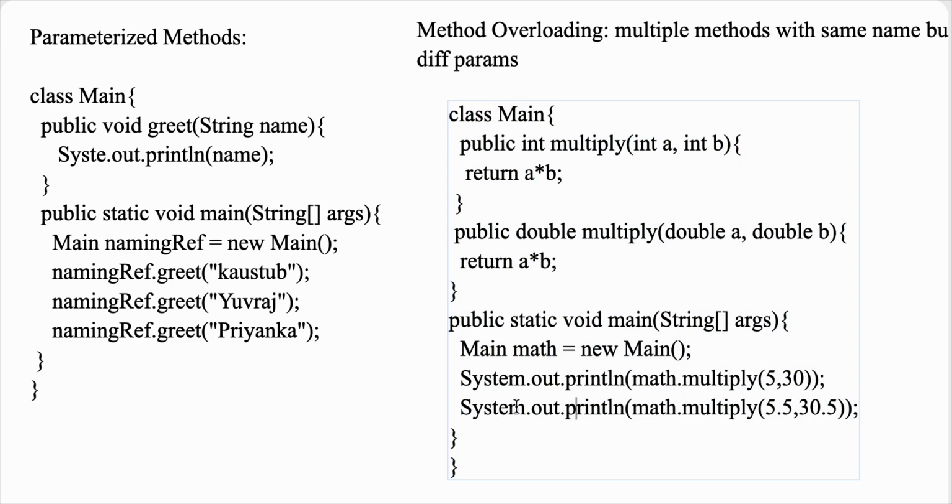Let's see here, the main method. You can see the object is an instance of the class. For creating the object we have to add the new keyword.